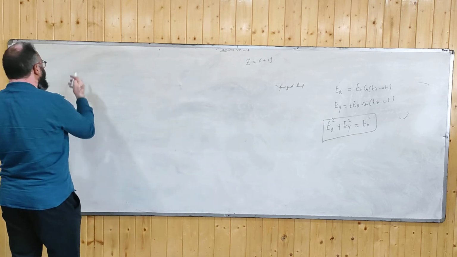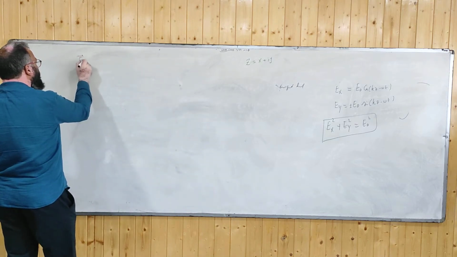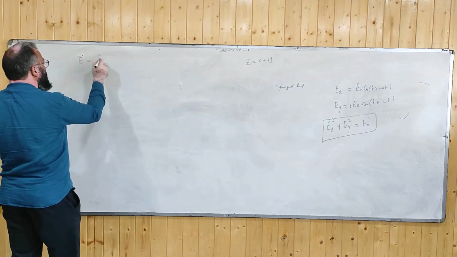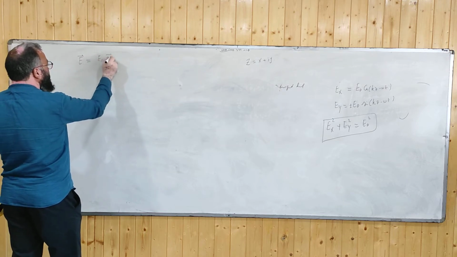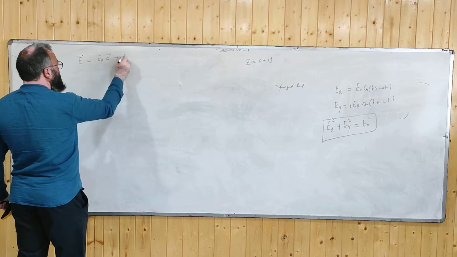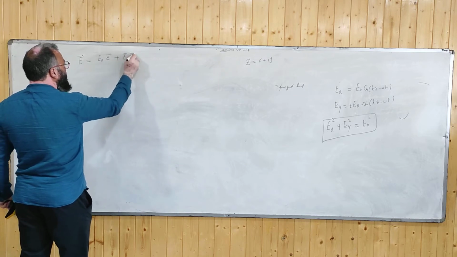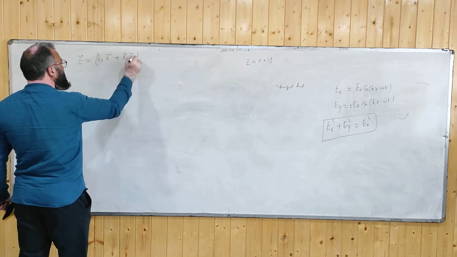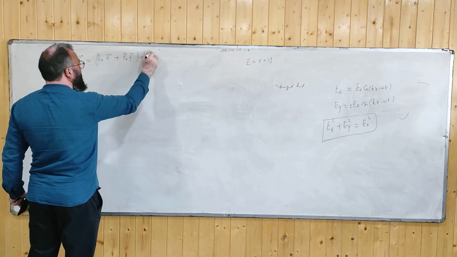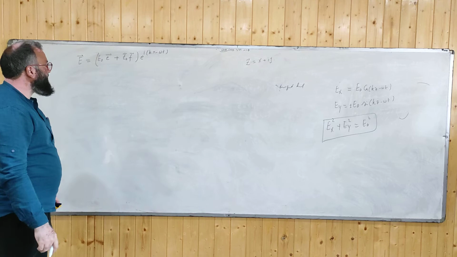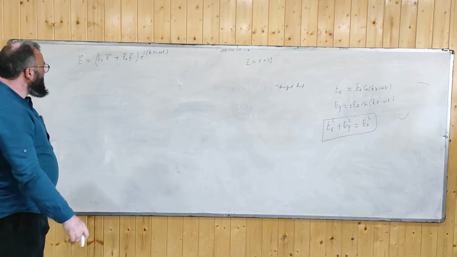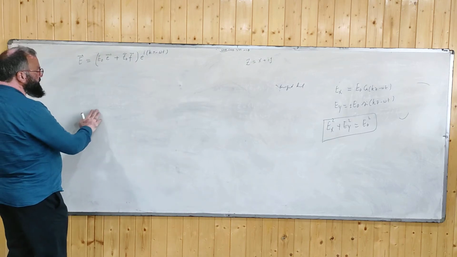So you have this object: E is equal to E0 vector e plus E0 tilde vector f, times e raised to i (k dot r minus omega t). Let's take it moving along the z direction.